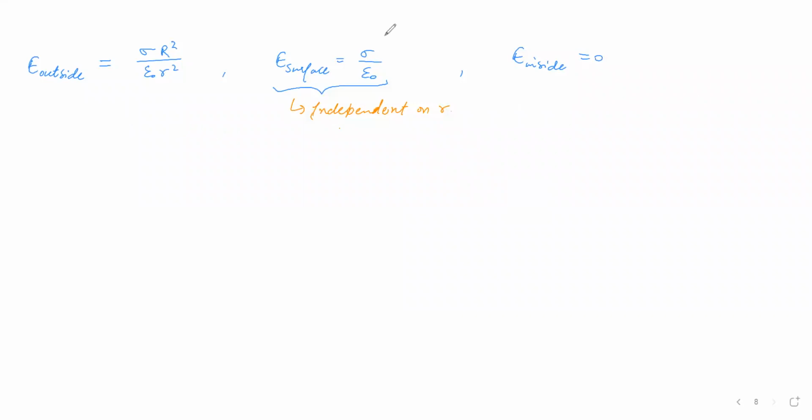Okay. Now, the next point is E outside. E outside makes a relation with R, which is 1 over R square. Are you looking or not for this? E outside is 1 over R square. Are you clear or not? We can write it.